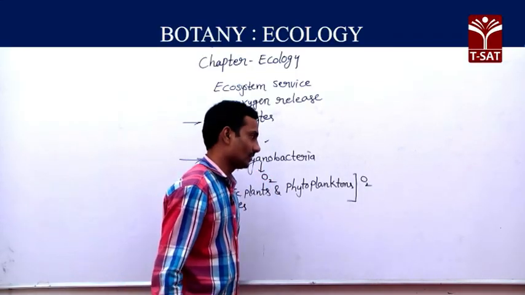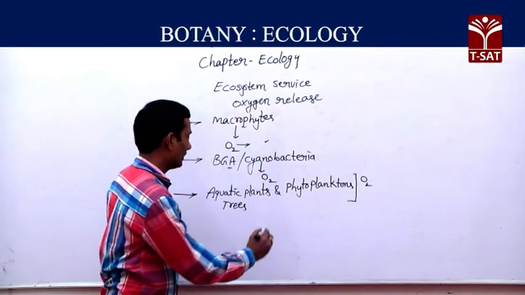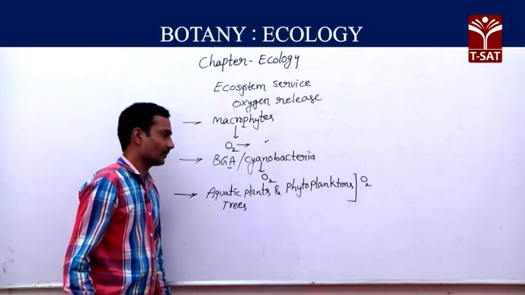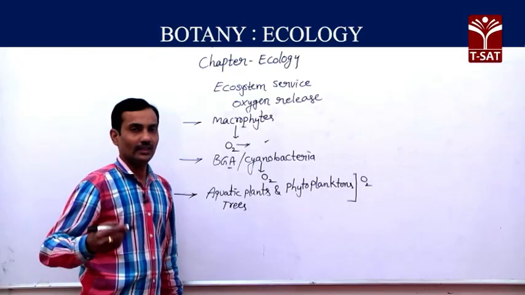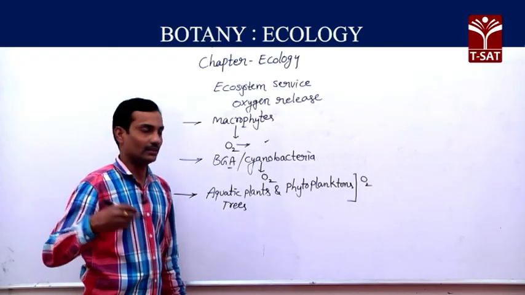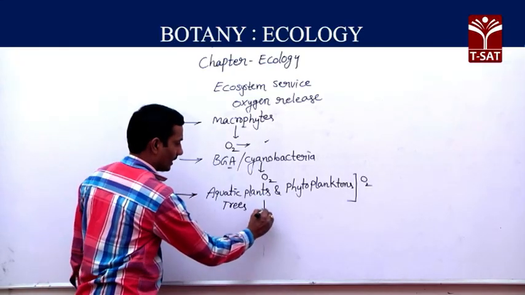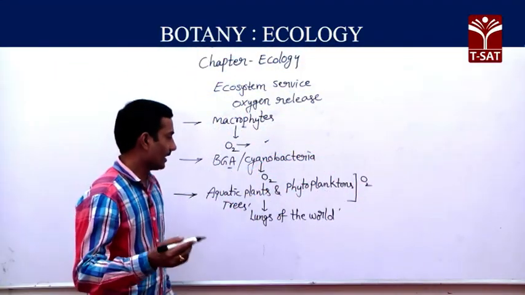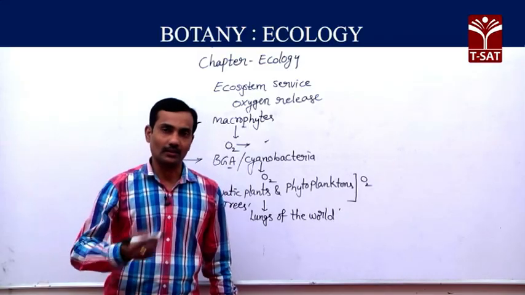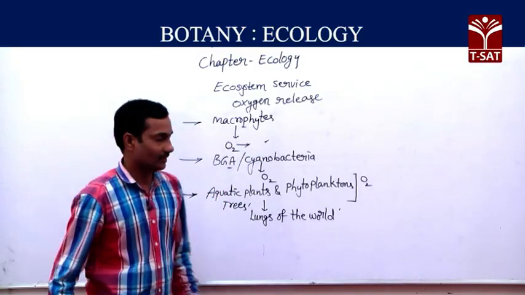the atmosphere. That's why all these plants, next to phytoplankton, all terrestrial plants, all together are known as the lungs of the world, because they take carbon dioxide from the atmosphere and release oxygen.